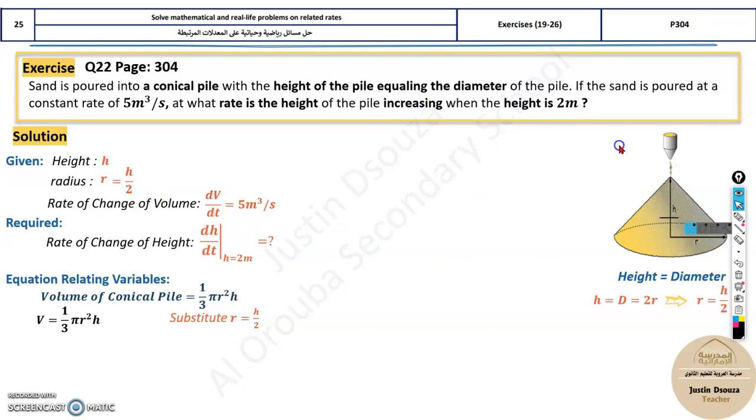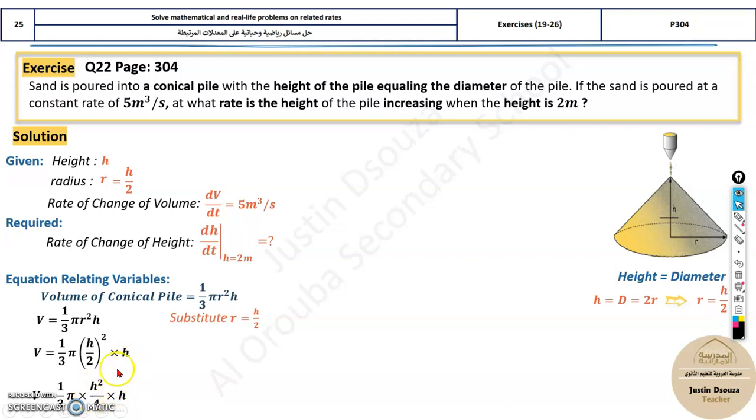Given in the question, height equals the diameter. So instead of r, write h by 2, the whole square. Now you can square both sides. H square divided by 2 square, which is 4.